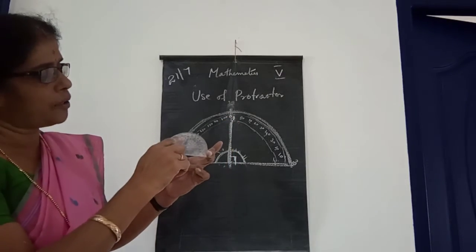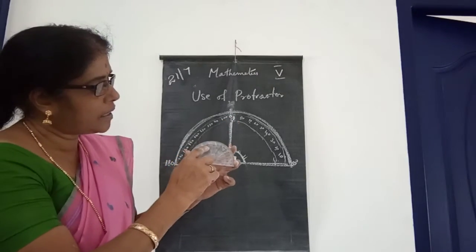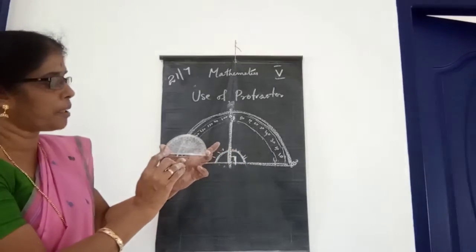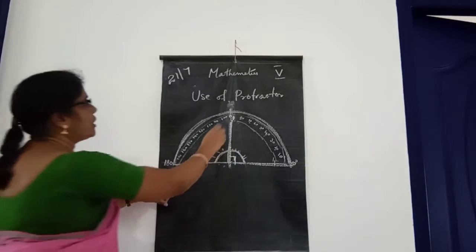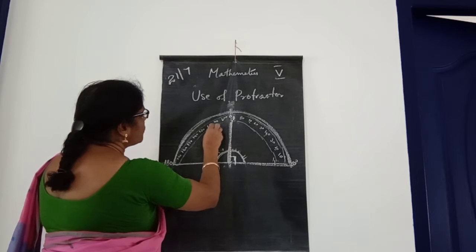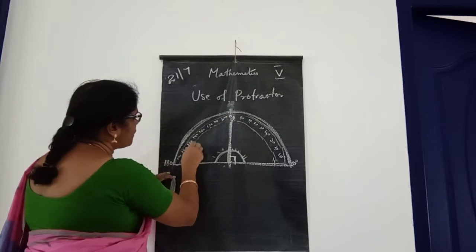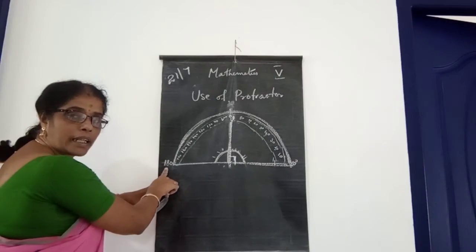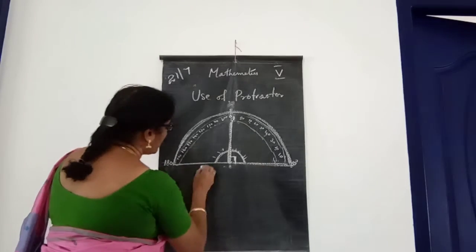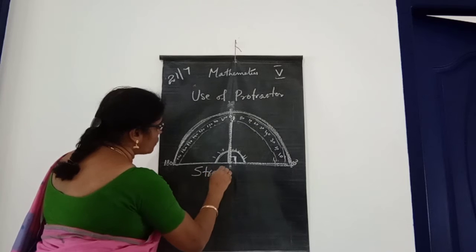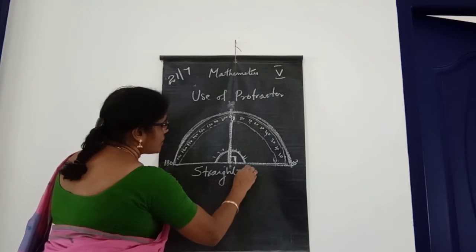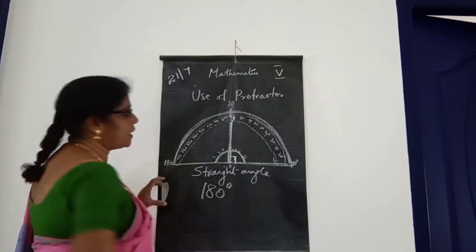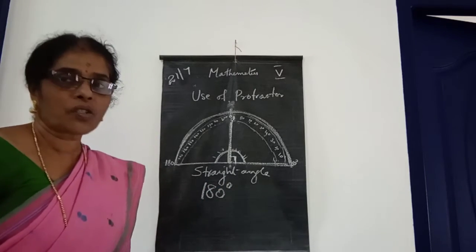After 90, on this side you can see 100, 110, 120, 130, 140, 150, 160, 170, and then 180 degree. That is a straight angle.